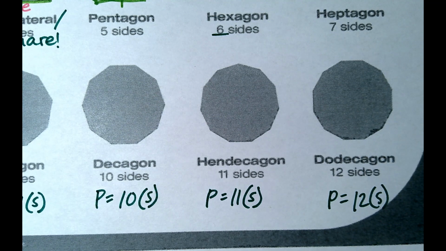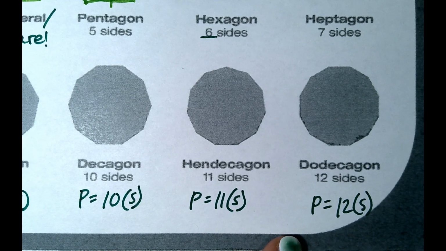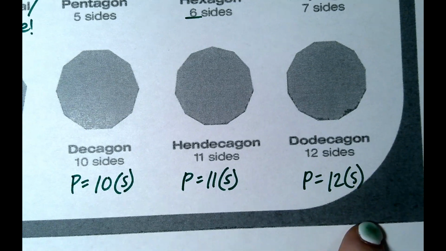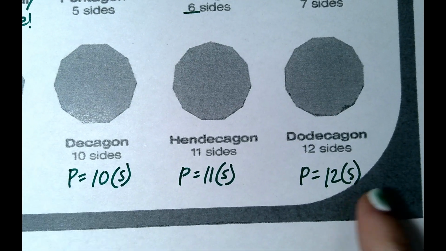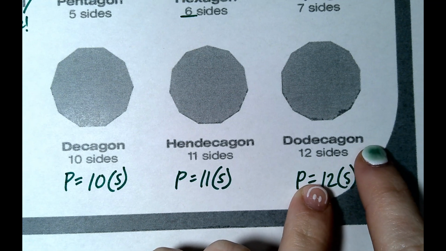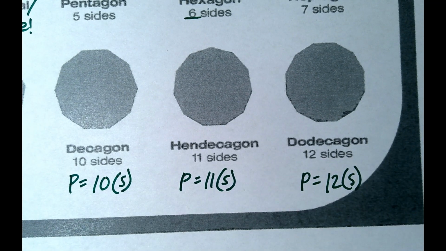Now, if we have a shape with a specific number of sides that is larger than 12, because now we have all the way up to 12, this is called a dodecagon. Crazy, some of these names.